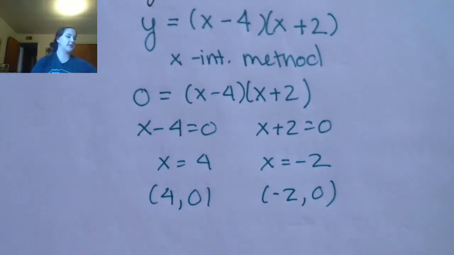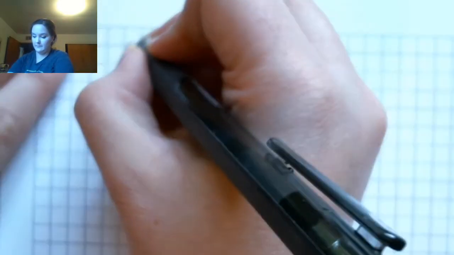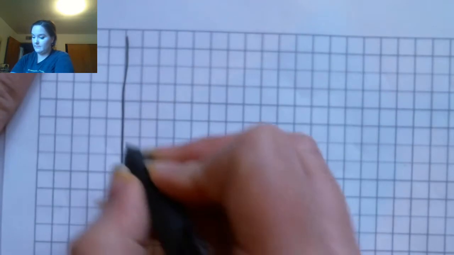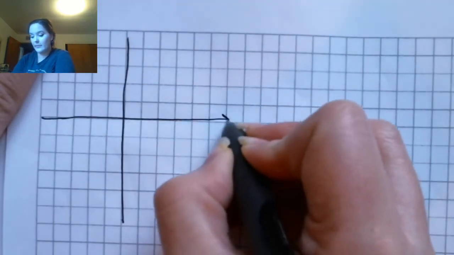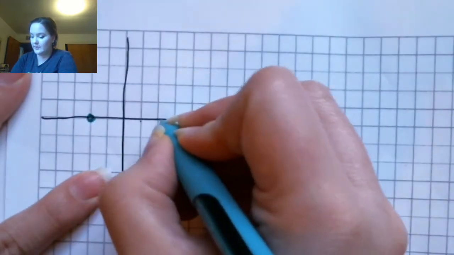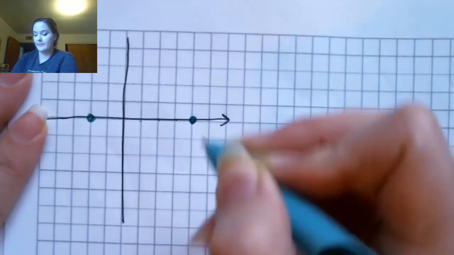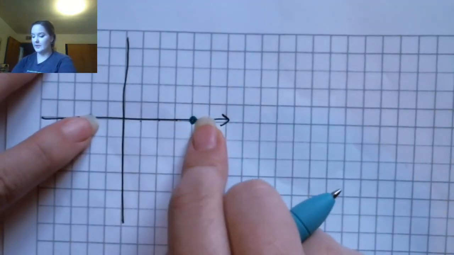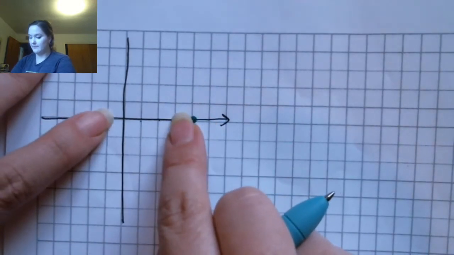So let's look at my graph. I'm going to mark my x-intercepts -2, 0 and 4, 0. Then I'm going to look for the point that's halfway between them.